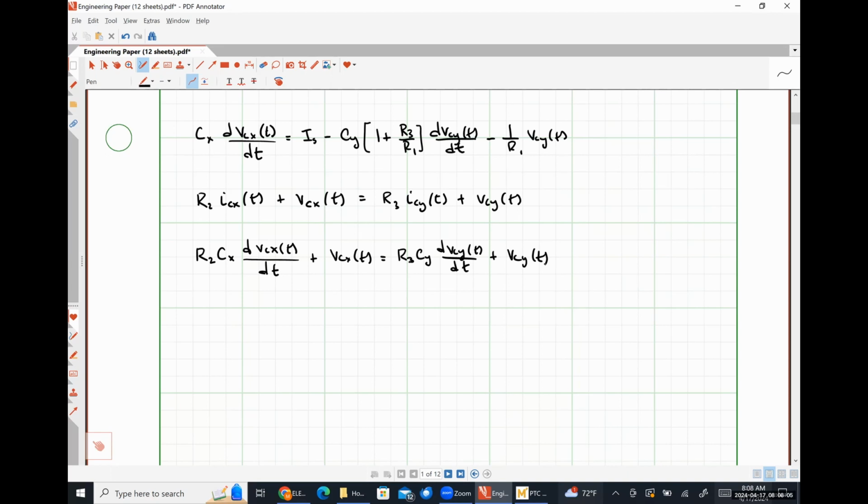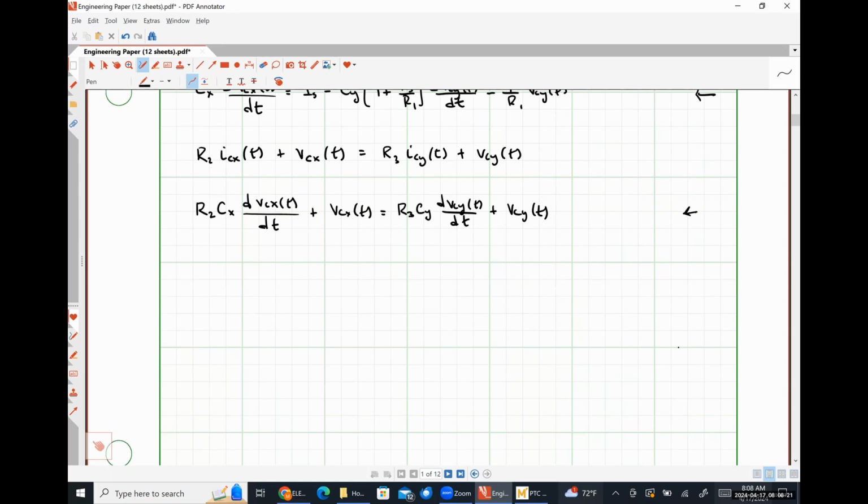And then, if my memory serves me correctly, I substituted this equation into this equation, and that's about where we had left off.